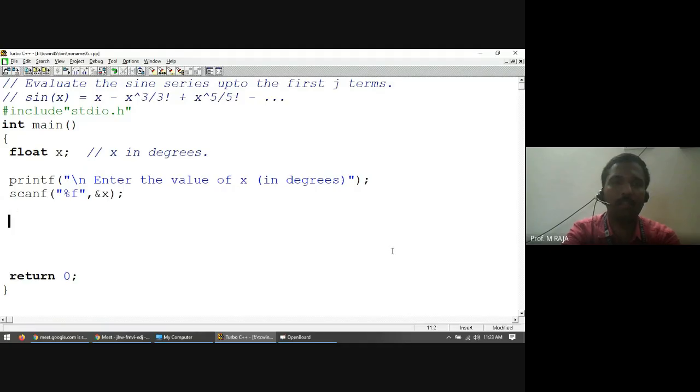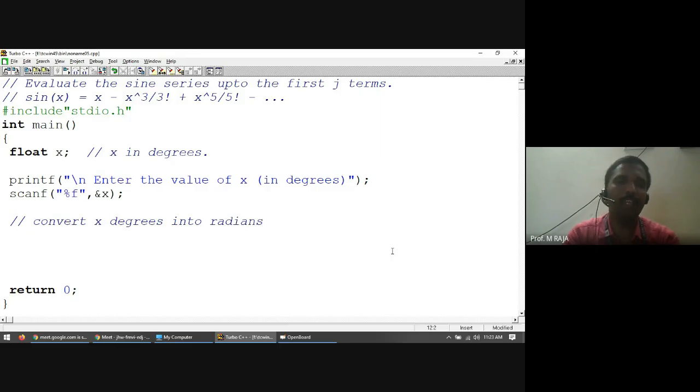It's to convert x degrees into radians before evaluating the right hand side.